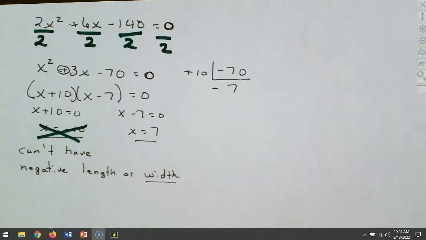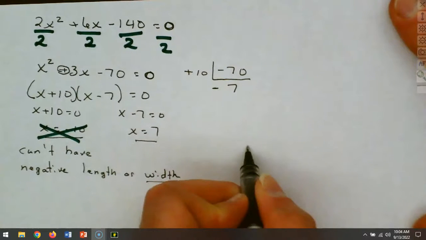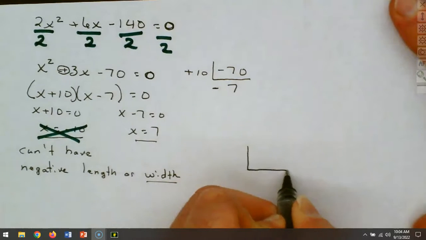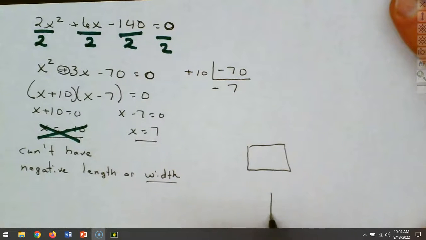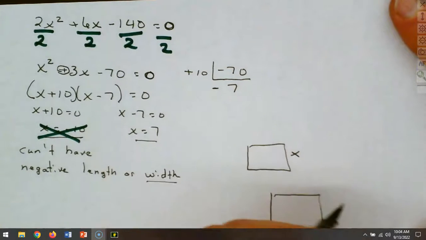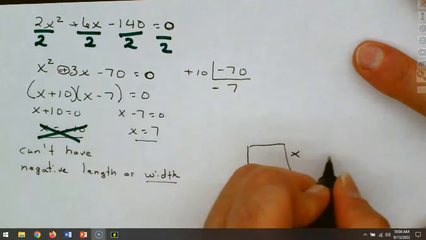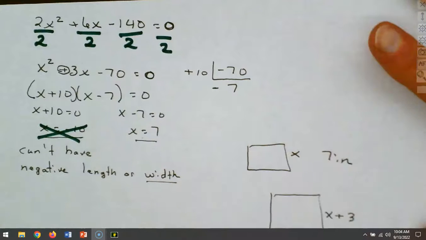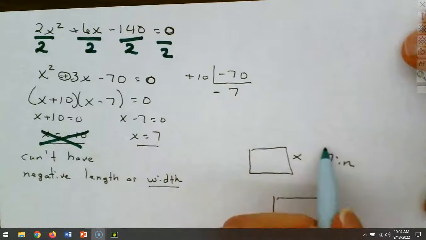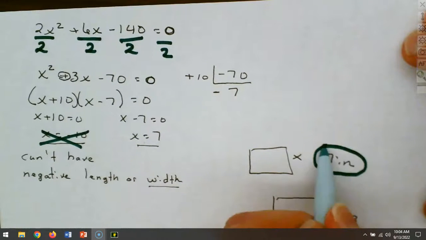So what's our answer going to be, and what do they want? Okay, it says find the lengths of the sides of the two squares. So when we draw them back up again, remember we had our two squares, and we had one that was an x, and the other one was x plus 3. So our value is x, so the first one, the smaller square, is 7.